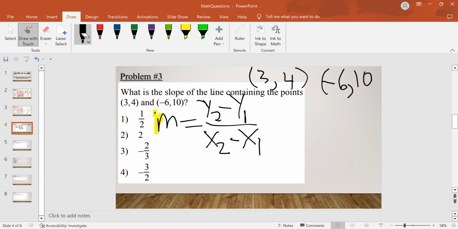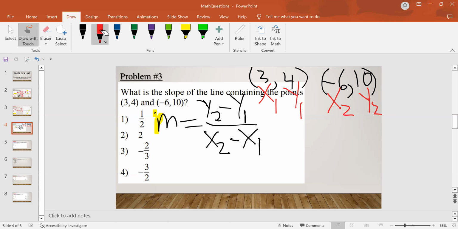What you have to understand is this: because the first point is 3, 4, we're going to call it x1, y1. x means the x coordinate, or the first value in the parentheses. y is the y coordinate, or the second value in the parentheses. For the second point, we use x2, y2. We use this notation just to make the difference between the values.